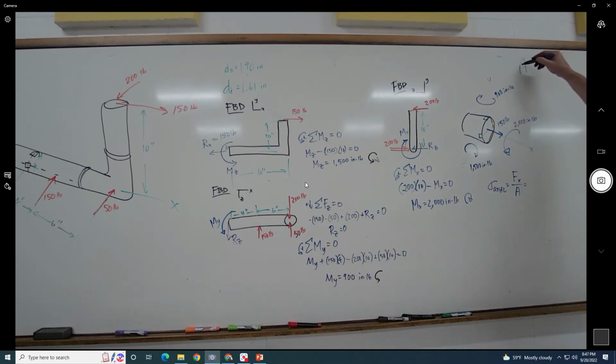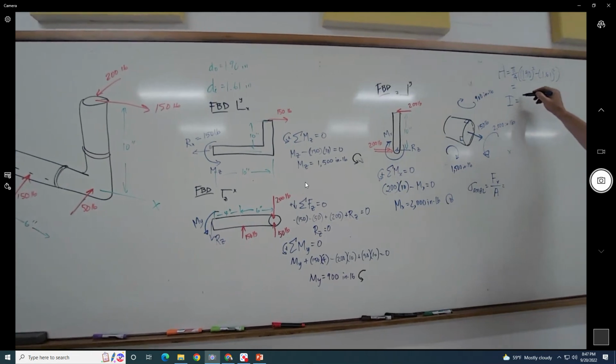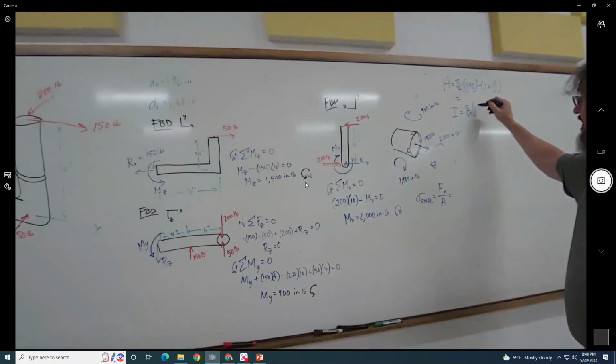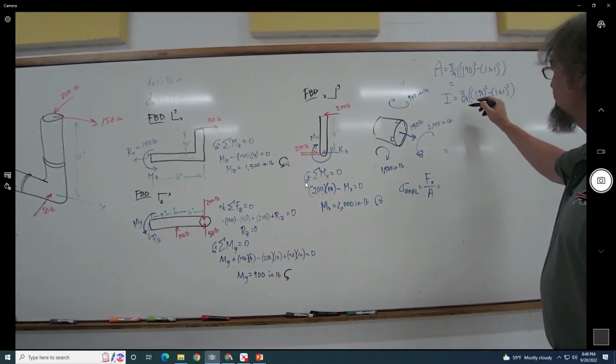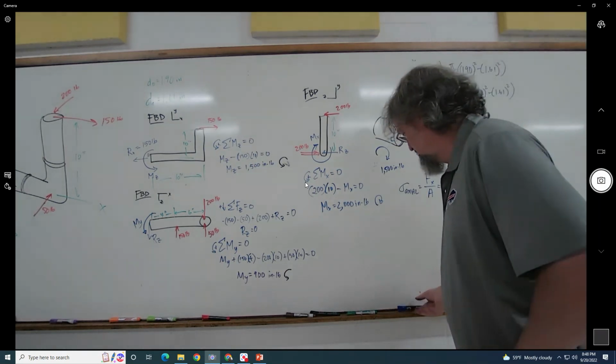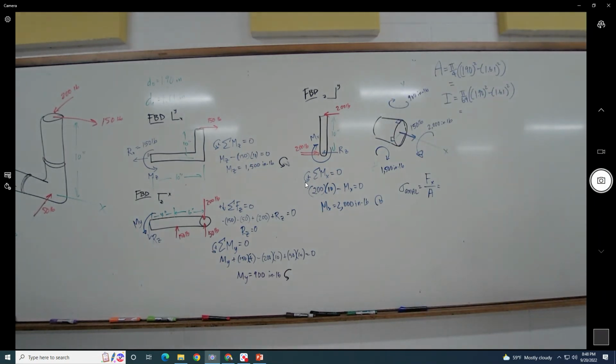And this is obnoxious, right? So I'm going to put them up here. So we get what? 1.9 squared minus 1.61 squared, times pi over 64. Very sure of that. 1.9 raised to the 4, minus 1.61 raised to the 4, times pi. Whoops, I think I just screwed that up.